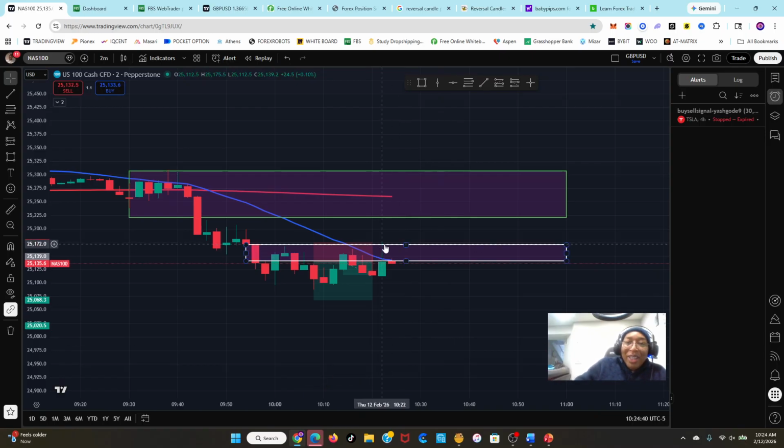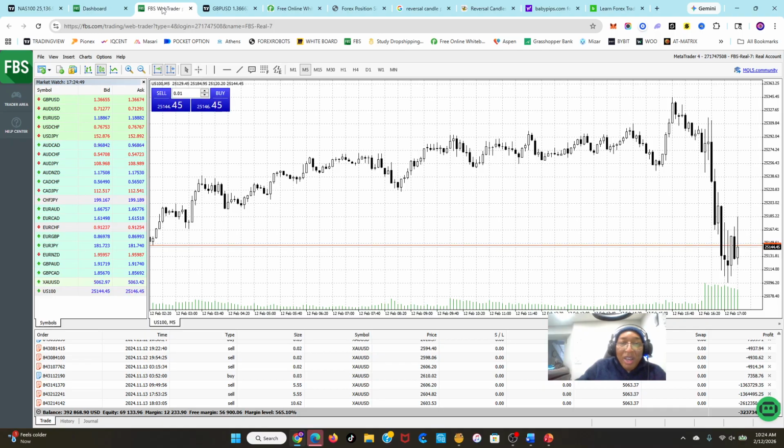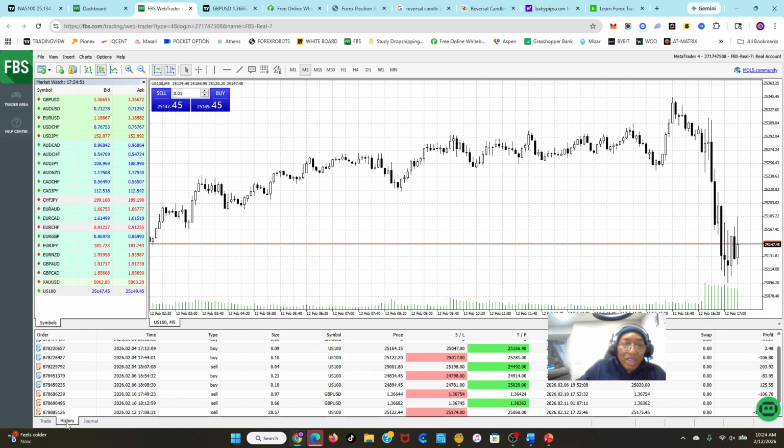This wick was enough to take us out of the trade, this wick right there. And you can see if you go back to our trader, it will have a red.